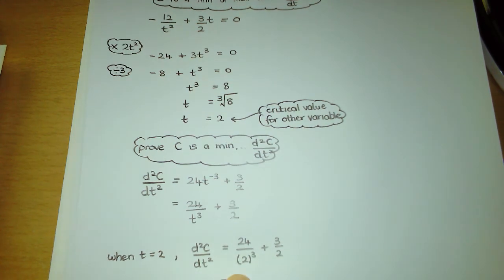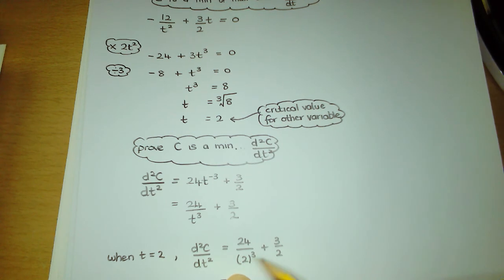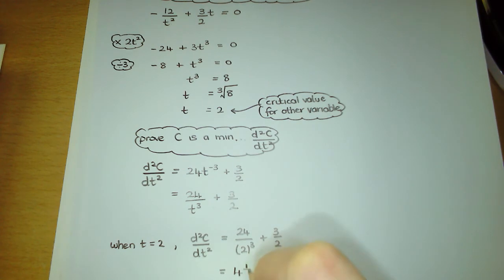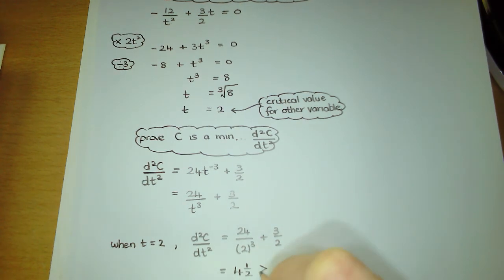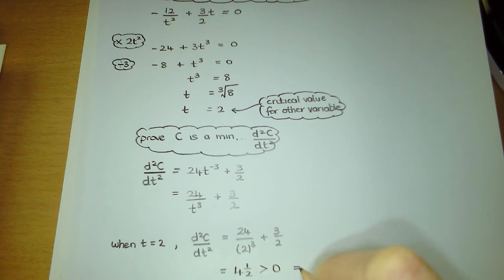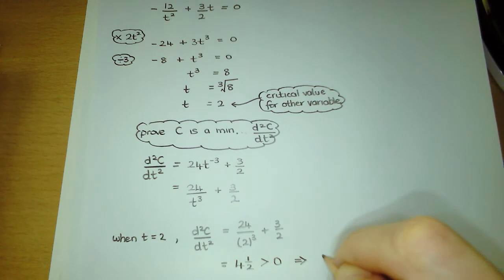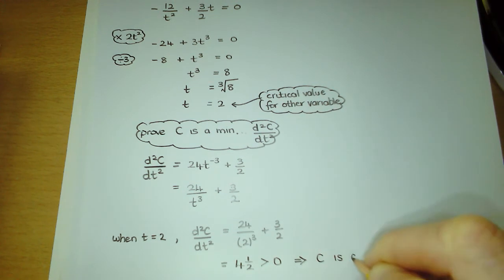So we're going to have 24 over 8, so that's going to give you 3. 3 plus 1.5 is going to give us 4.5. So we've got 4.5, which is clearly positive, so that's greater than 0. So that's telling us it's a minimum turning point. In other words, the value of c is a minimum. So therefore, c is a minimum.